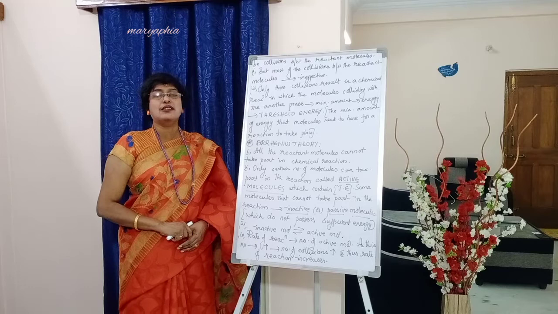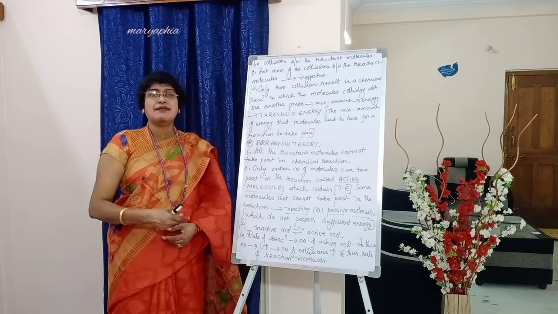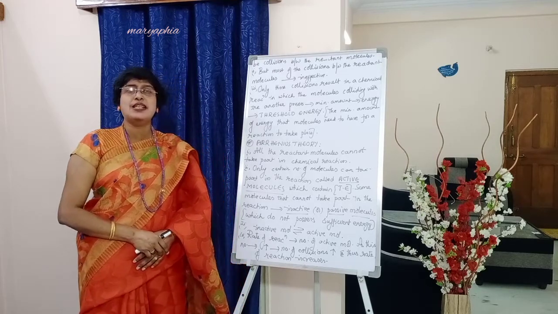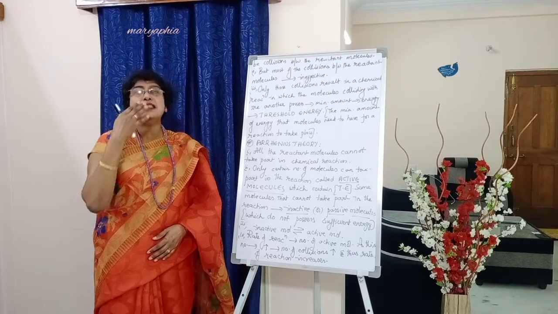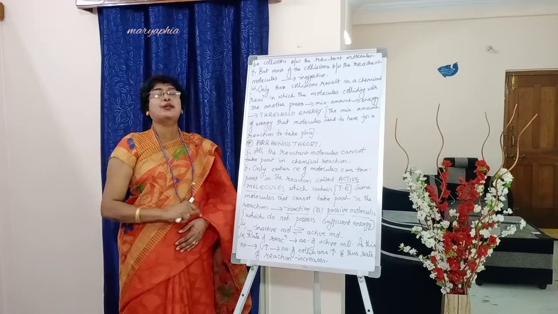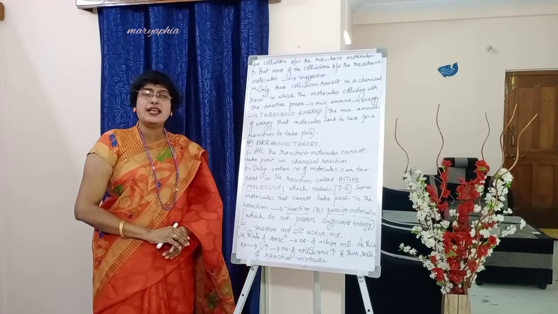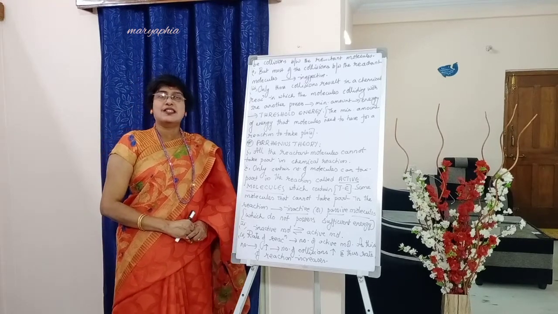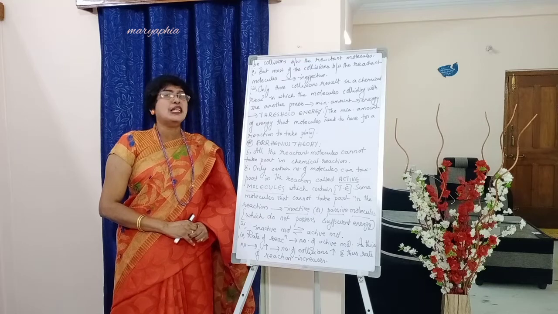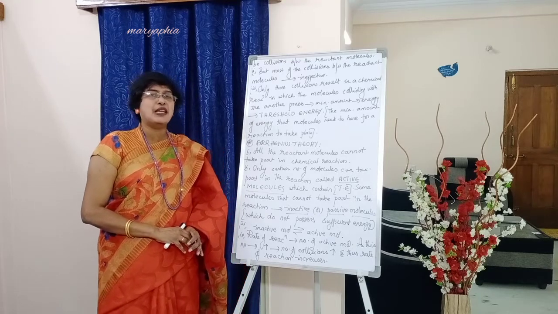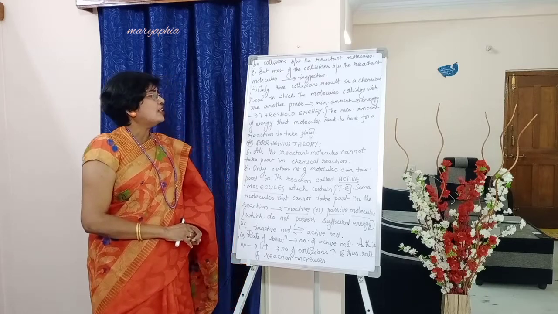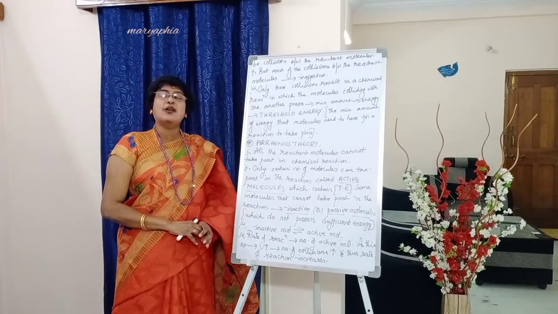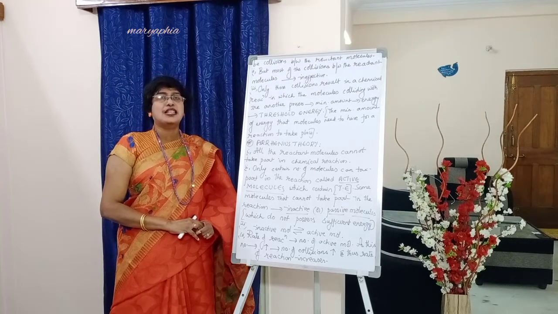I am not giving it to you as a separate definition or a separate 1 mark question, students. Here itself we are defining. Suppose in the question paper you get 'define threshold energy', then you should be able to answer that question. So the minimum amount of energy that the molecules need to possess in order for a chemical reaction to take place. Okay, next. So these are the points given by the collision theory.